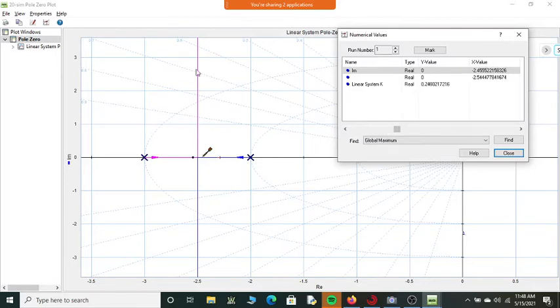Can you see there is a line here and there is a line here. They break exactly at the midpoint of -2 and -3, so that is -2.5. Correct? See that?